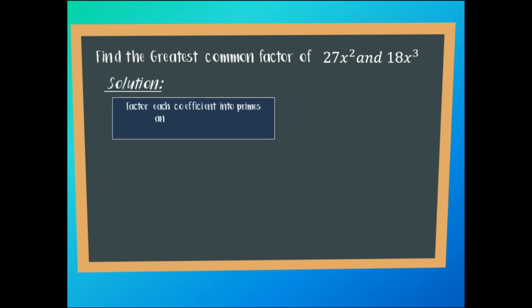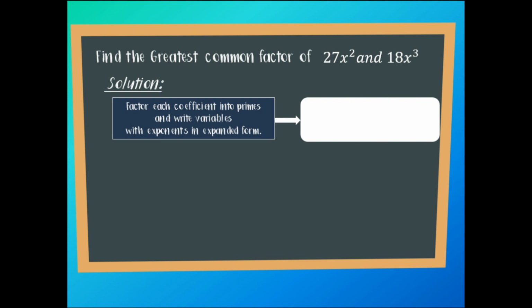Factor each coefficient into primes and write variables with exponents in expanded form. That is, 27x squared is expanded as 3 times 3 times 3 times x times x.